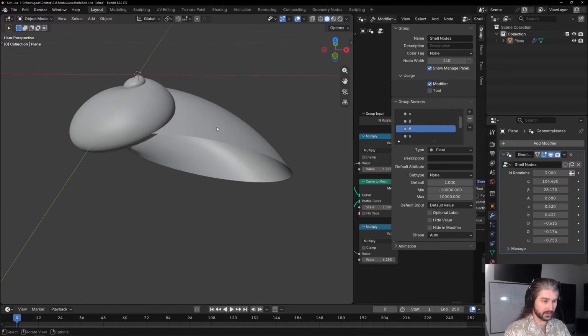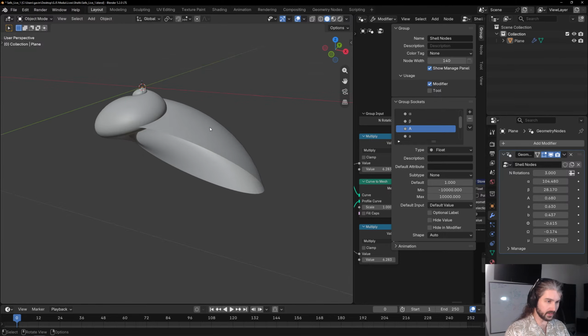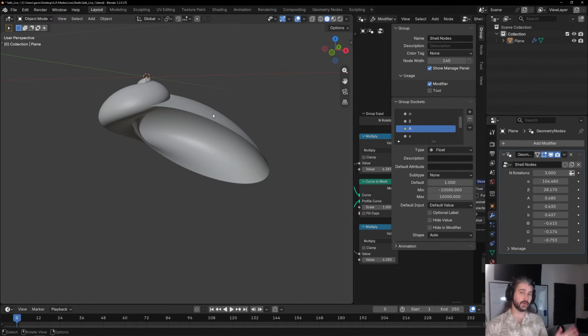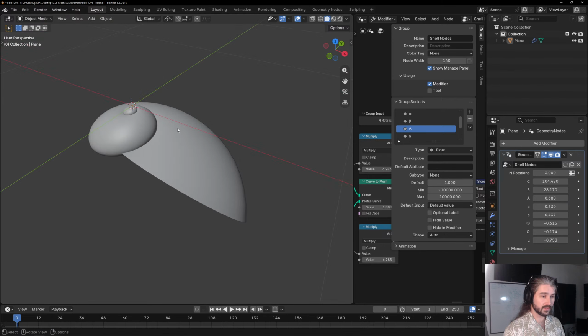I'm just trying to think now how much further I want to take this, because there are a lot of ways that we could continue to modify this to be more specific or even more general. You could take your theta or your sigma and use those to modify the offsets of the surface, make it bumpy, make it spiky. There are a few ways to do that in the blog post that I've written and that I based all of this off of. Well, I say a few ways.